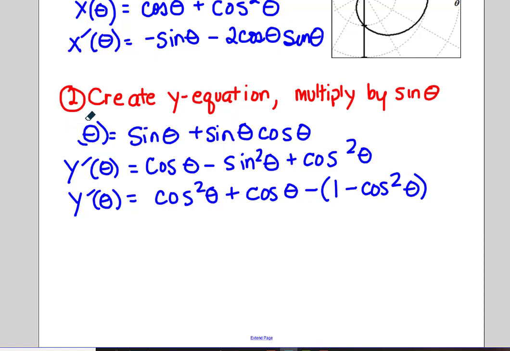Now, the third thing, we're going to find y prime theta divided by x prime theta. So our y prime was, oh, let's go back and look at this a minute.